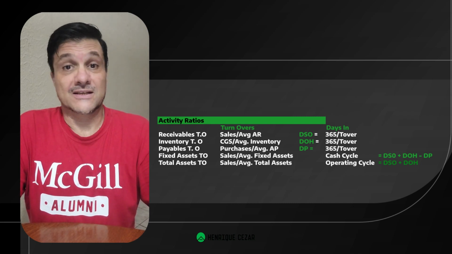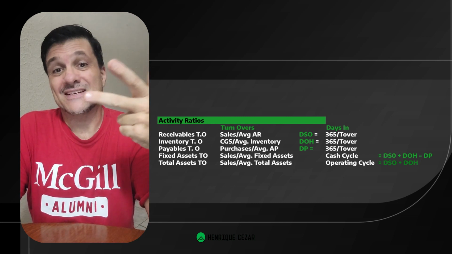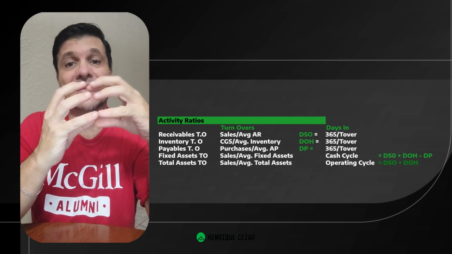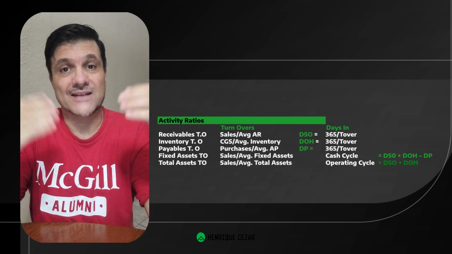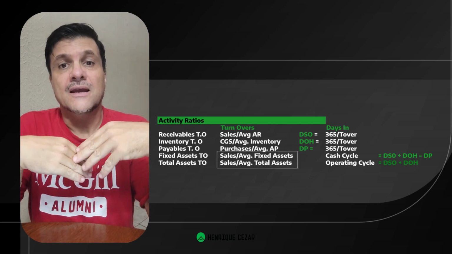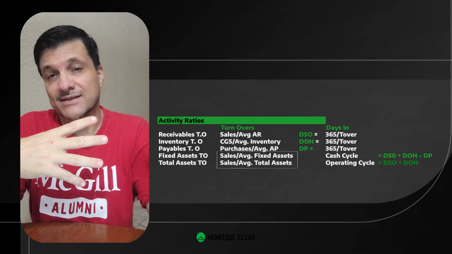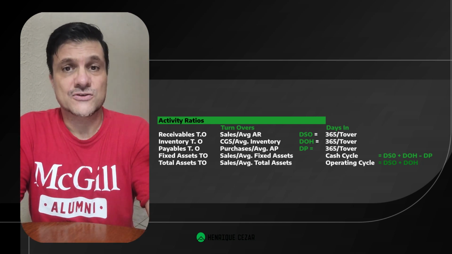And what goes in the numerator? Well, for receivables, total assets, and fixed assets, think about sales. Sales are directly attached to accounts receivable. The assets we buy are to create more sales, right? And the fixed assets especially are to create sales. So assets and accounts receivable are related to sales.